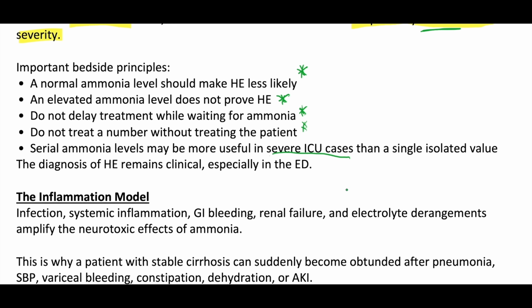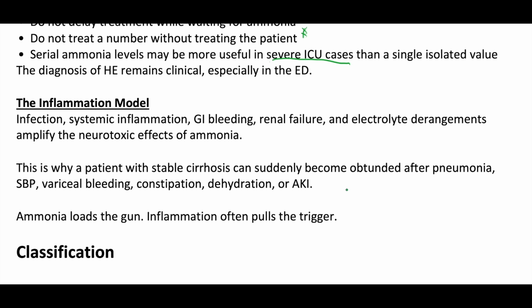All right, there is another kind of pathophysiologic model that contributes to this, and it's called the inflammation model. This is why people think a patient with stable cirrhosis can suddenly become obtunded with hepatic encephalopathy, and it is all about that precipitating factor, right?